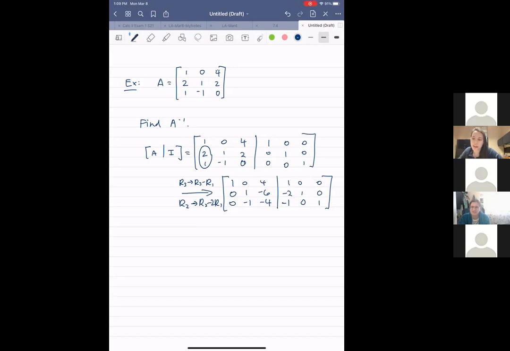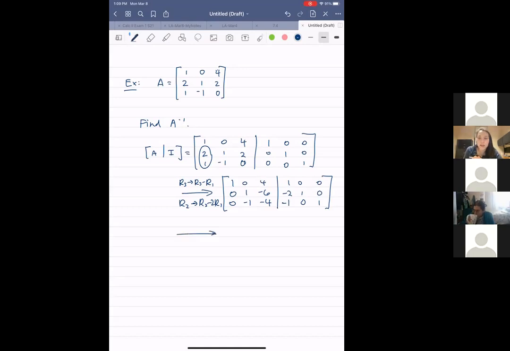Yeah, exactly. It's sort of keeping track of those things. And when you put it all together, the process of row reducing gives you that, which is the same thing as taking those elementary matrices and multiplying them all together. Cool. Yeah, it's pretty cool.